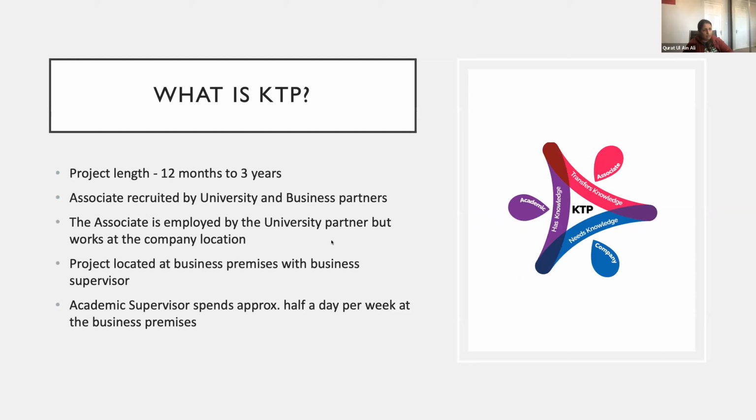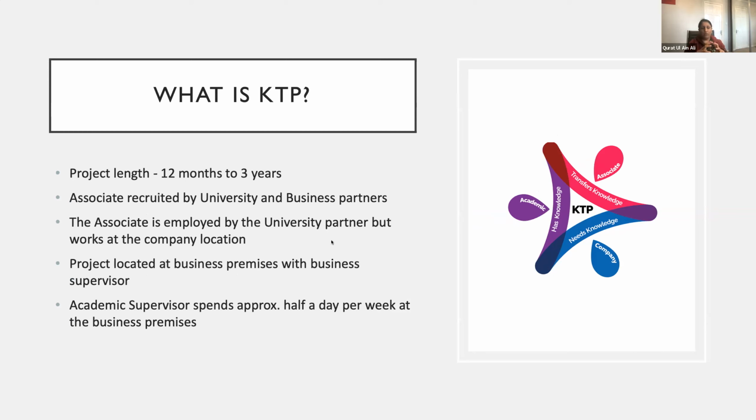So the KTP project usually lasts from 12 months to 3 years. It can be of variable length, different KTP projects, depending on the topic of research and so on. And then the associate is usually recruited by the university.